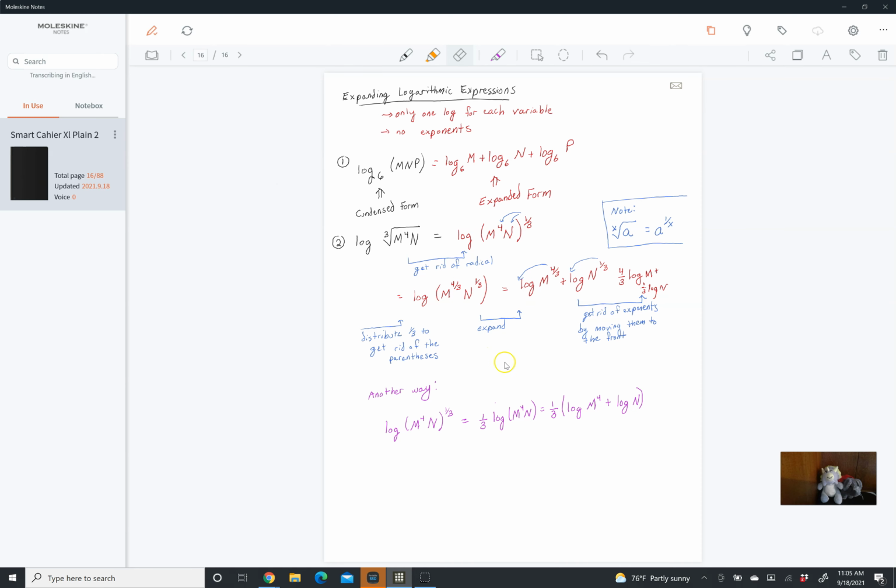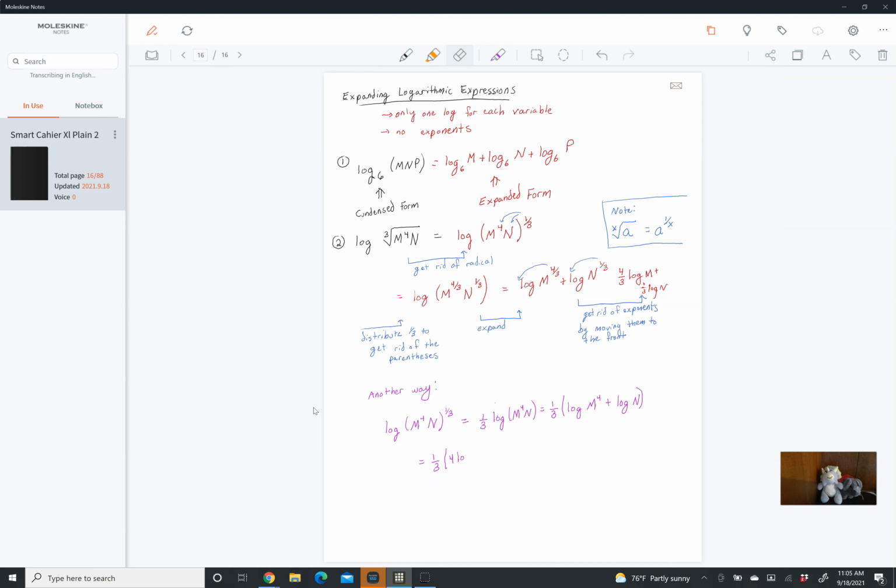And then at this point, you can either bring the 4 and then distribute the 1/3, or distribute the 1/3 and then bring the 4 down. Okay, that's up to you. Let's just show it as you're bringing the 4 over, and then you're distributing the 1/3.